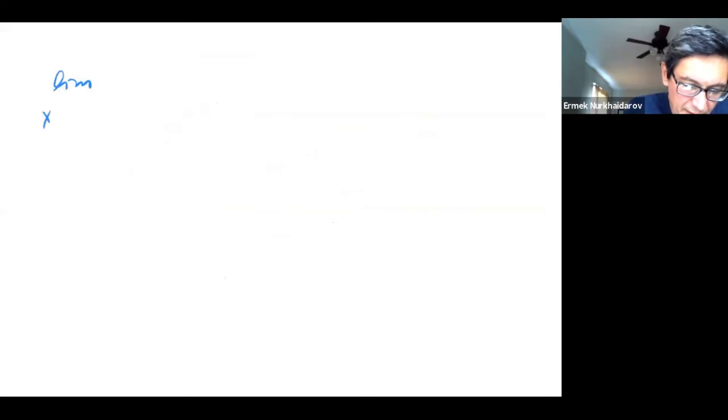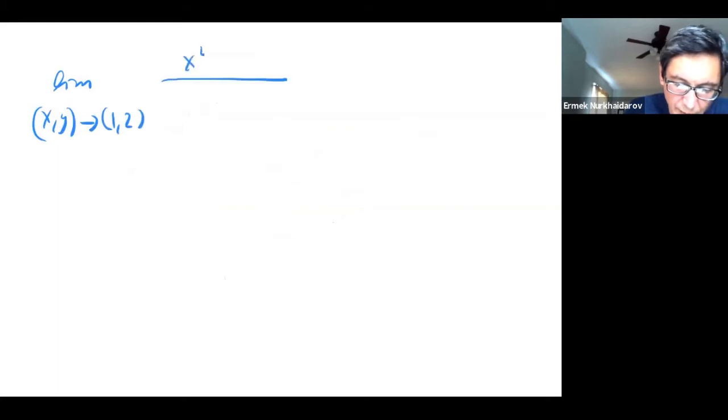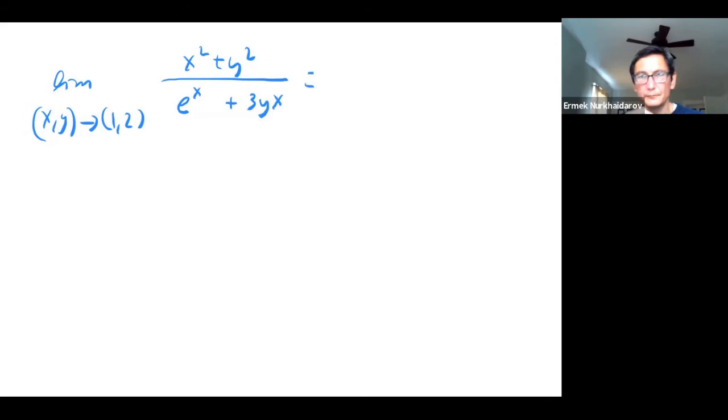Limit as x, y approaches 1, 2 of the function x squared plus y squared divided by e to the x plus 3y equals.